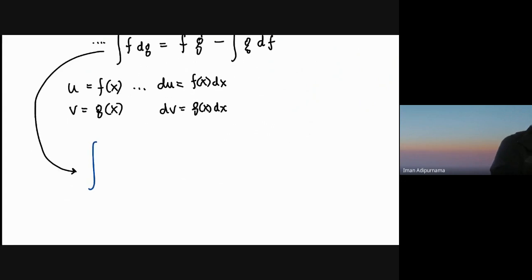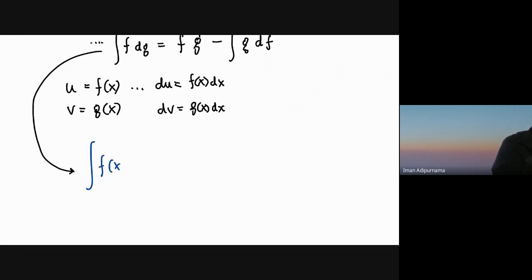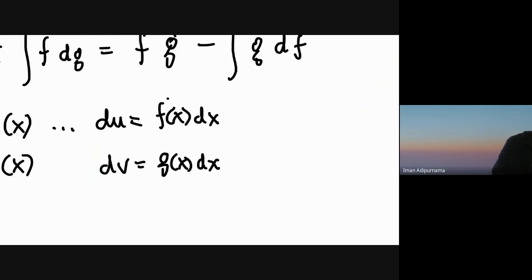We can write this dg in terms of a function of x, and then dg becomes, oh sorry, should be prime here.